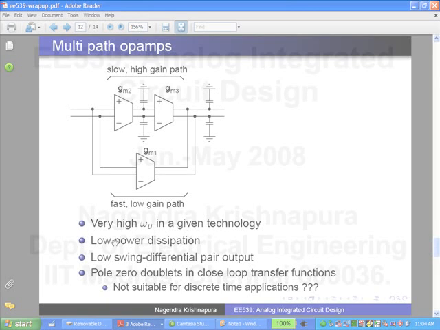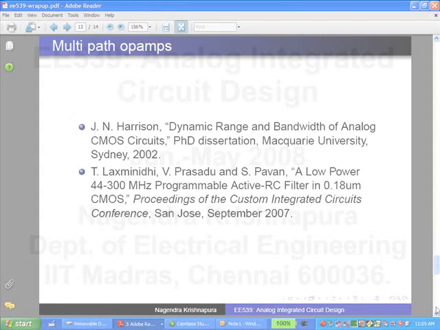Now, it's not very clear it can be used for discrete time applications because you have multiple paths, you will have multiple poles and zeros. So, that can give you very slow settling in the time domain. So it's not 100% clear, but we are also looking at this. This thesis is a very good reference on this one, and you can go one step further and have 3 paths, 2 paths, and 1 path all in parallel.